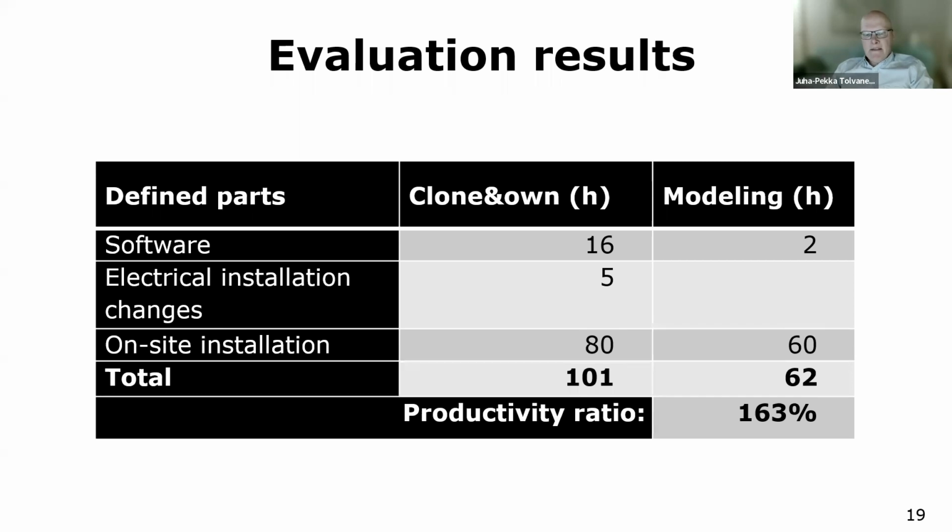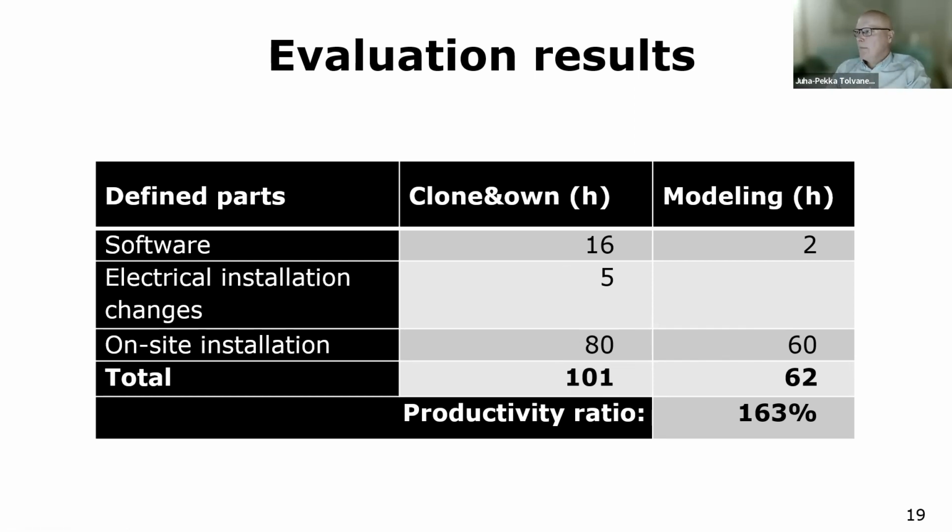But the biggest savings in time actually came because they found out later that they had errors in this clone-and-own model, and they did the on-site installation by this third company, who needed to do a portion of the work twice because they had errors. So they needed to go back to the switchboard to correct the errors and then redo some of the installation work.